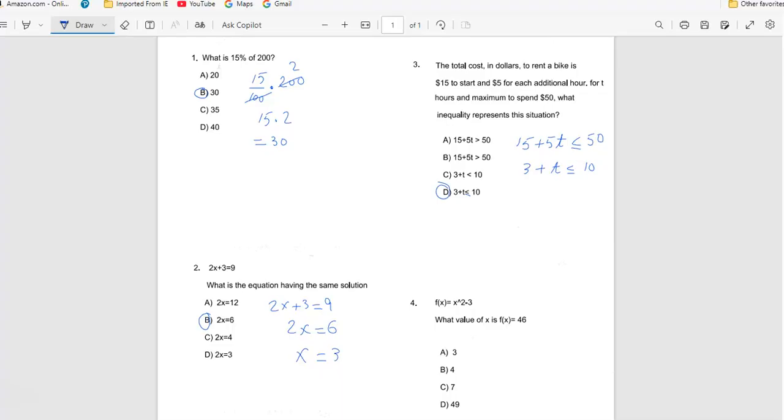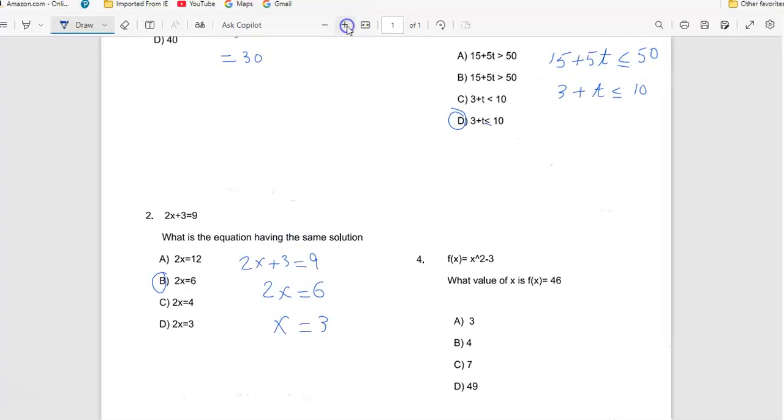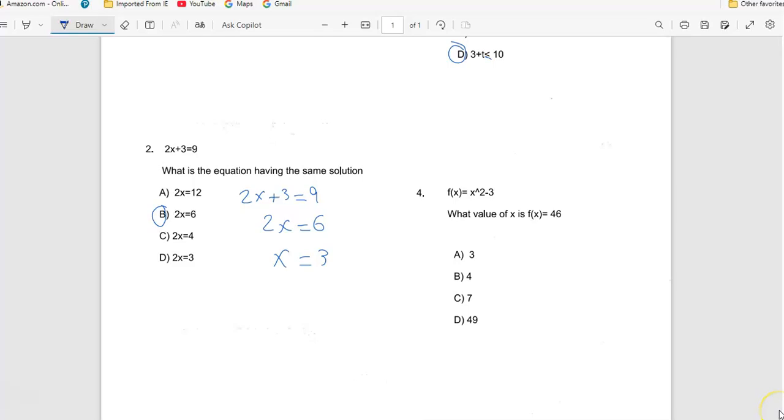For number 4, we have this function f of x equal x squared minus 3, right? Let me make it a little bit bigger. So here we have this function f of x equal x squared minus 3.